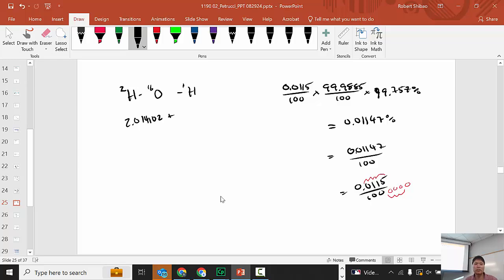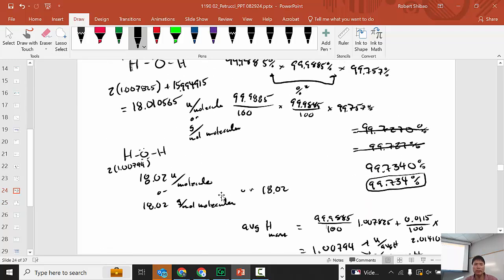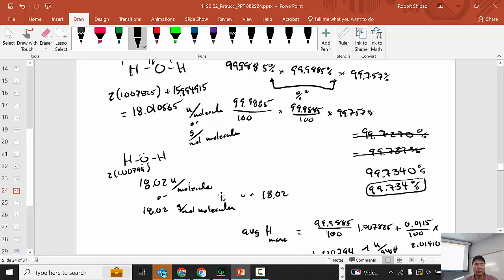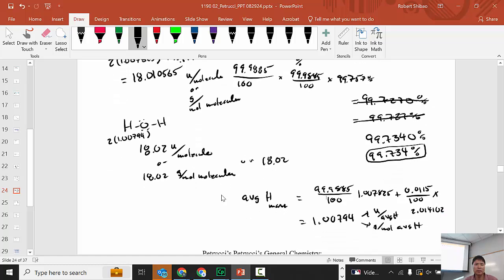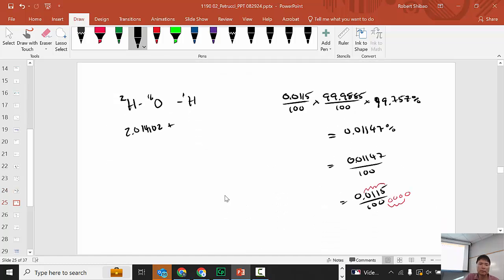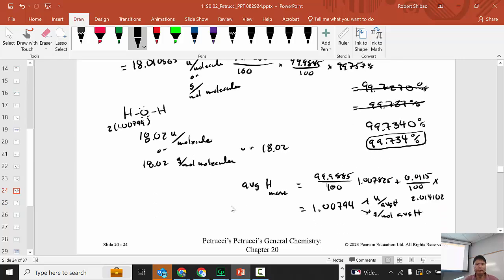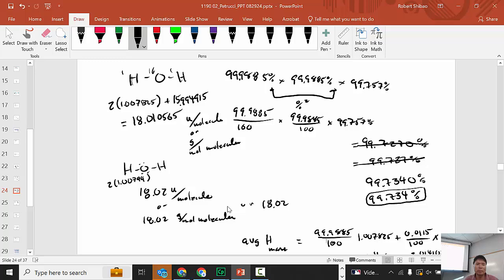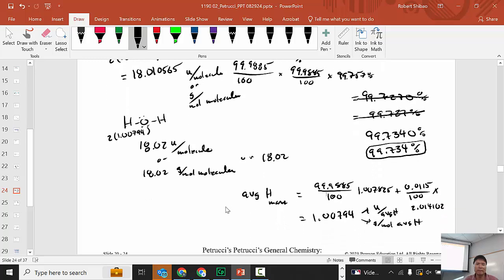Plus the oxygen 16 is 15.994915. Plus the hydrogen 1. The hydrogen 1 is 1.007825.